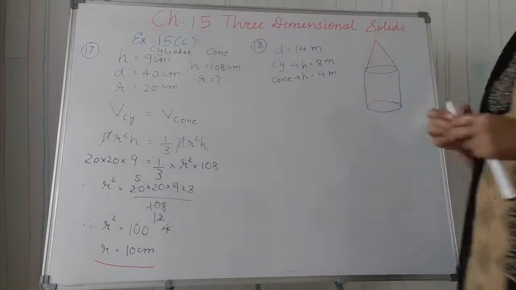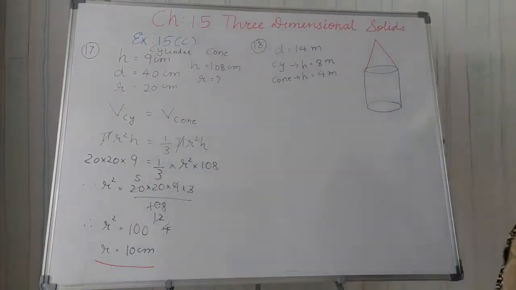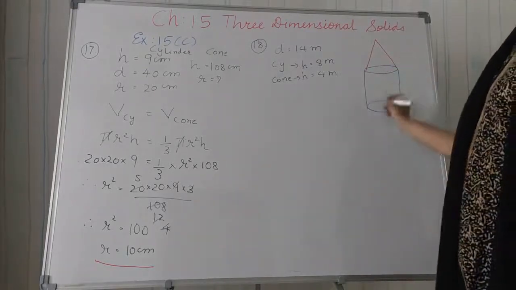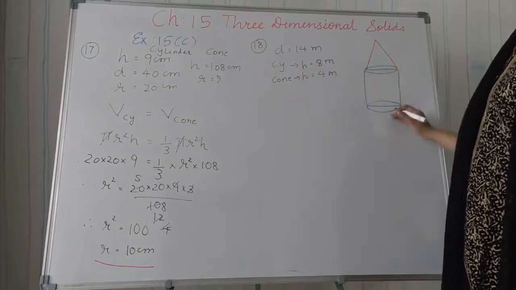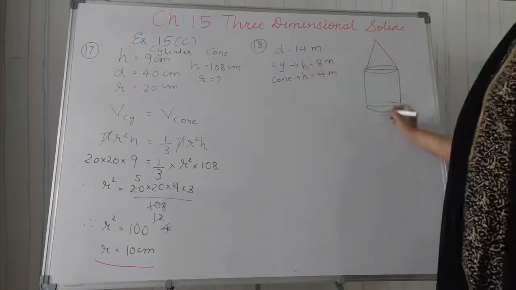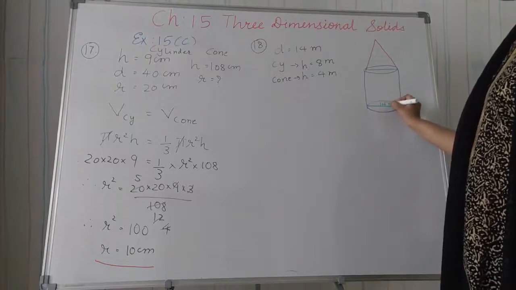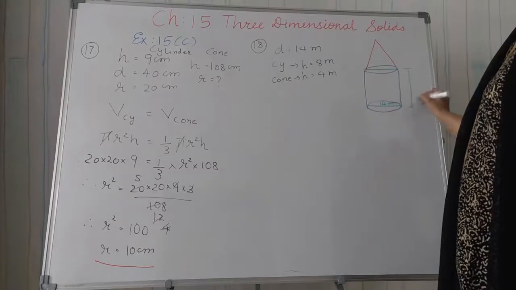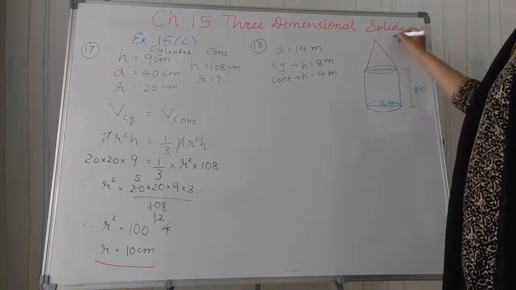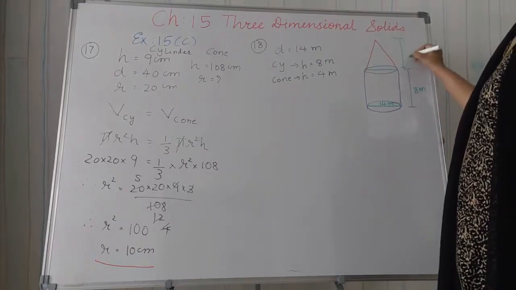So this type of tent we need to form, and also the dimensions are given here. This is the diameter given to us, which is common to both cylinder and cone, 14 meter. Now the cylinder height, so this much height is 8 meter and conical height is 4 meter.